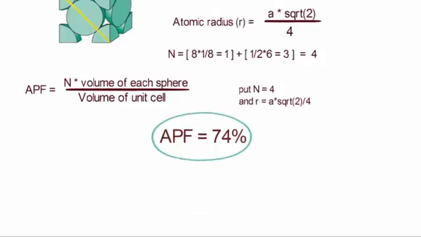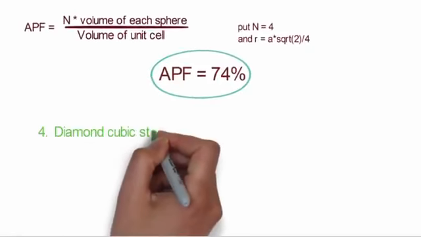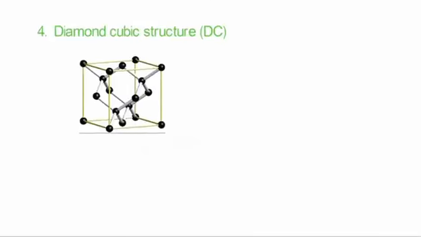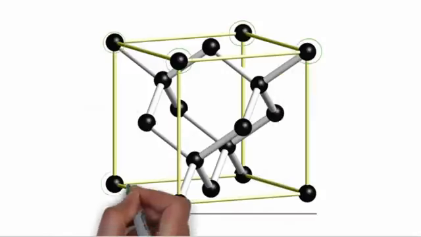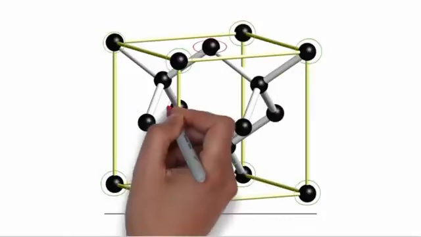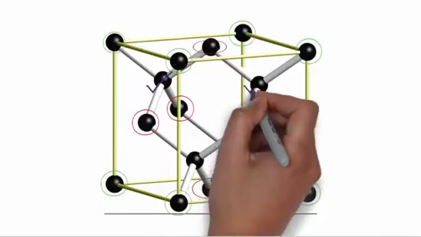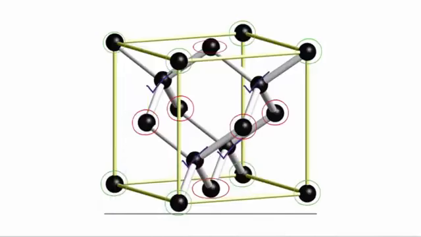And at last, in diamond cubic structure, which is formed by 2 interpenetrating FCC arrangements, there are a total of 18 atoms in a unit cell, that is 8 at corners, 6 at faces and 4 atoms inside the unit cell.